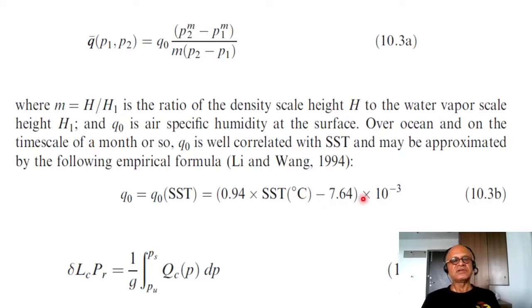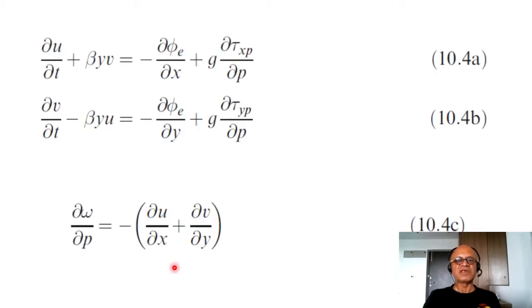Obviously, the relation between Q and SST is nonlinear, but when you take it over time, you can write a linearized form this way. And then the latent heat release due to precipitation or condensation is constrained essentially by water vapor or humidity, right? So that gives you ways to estimate various things.